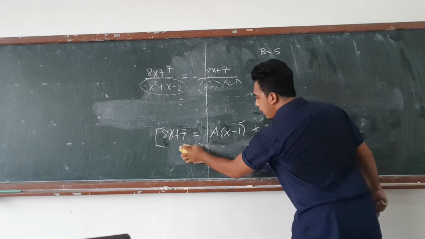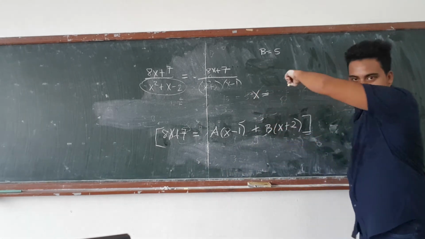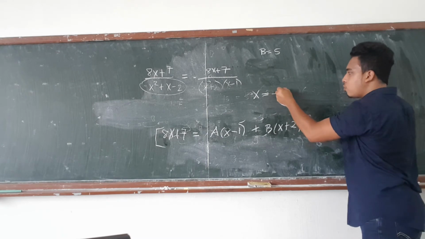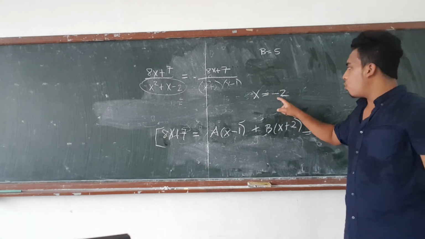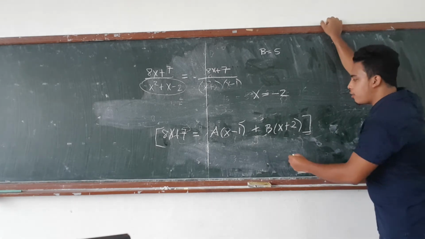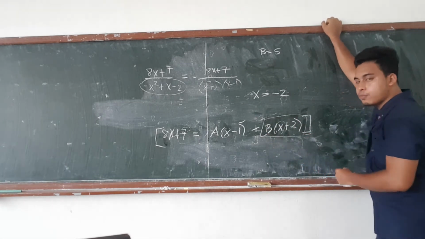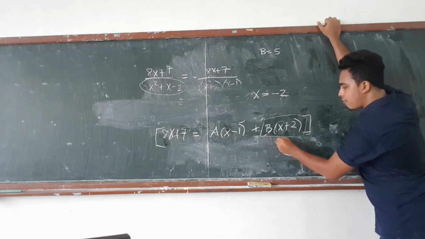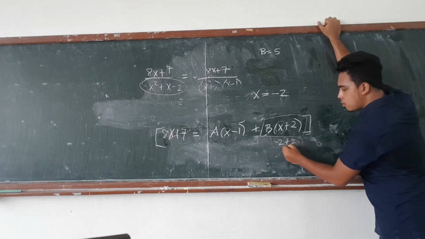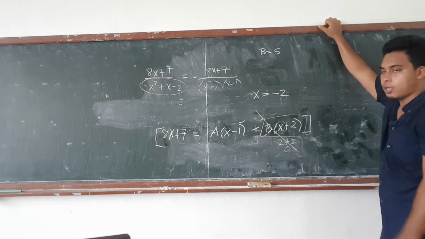So, we can eliminate b by assuming that x is equal to negative 2. So that if we substitute the value of x in this expression, it will become 0. So, negative 2 plus 2 is 0, then 0 times b is cancelled.